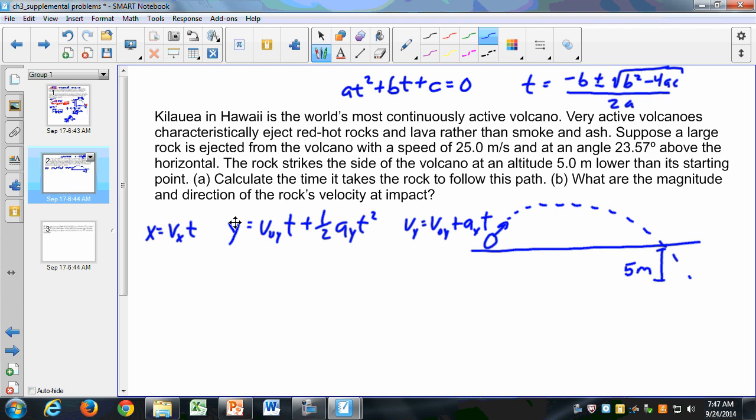Any of these equations you just have one unknown for? Which one? The vy one? This one right here?